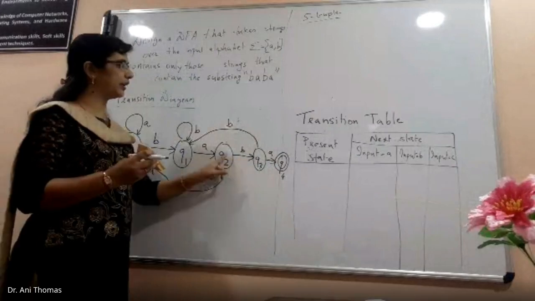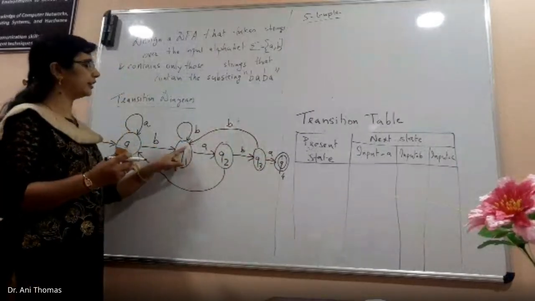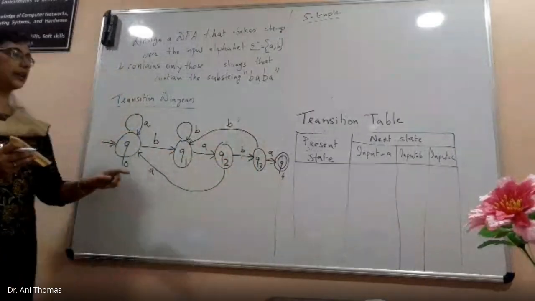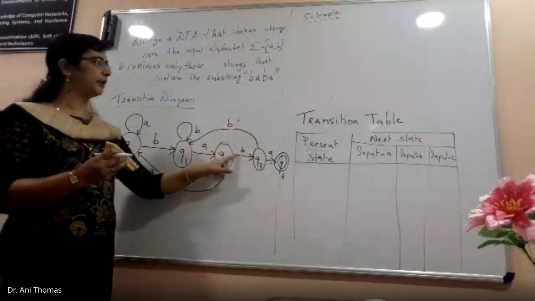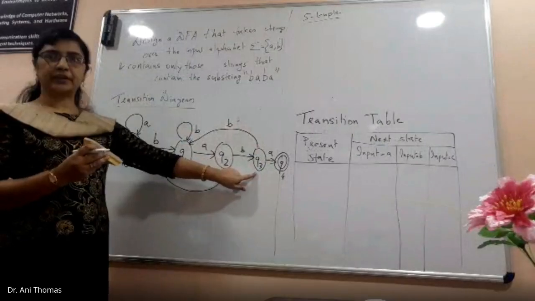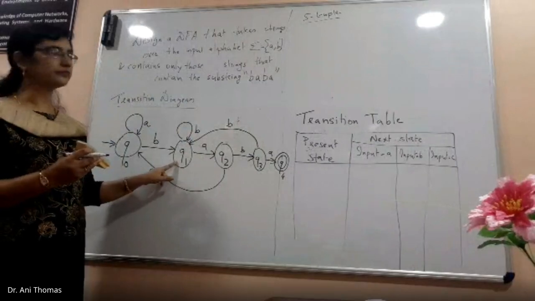Again it will make BBBA. So we can put it over here, where it will be BABA. So it is making the sequence from Q3, BABA. So the nearest state where we can put the B transition from Q3 is Q1.